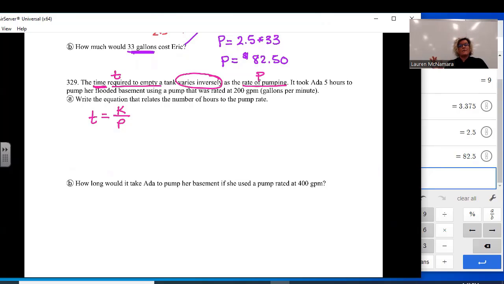It took Ada 5 hours to pump her flooded basement using a pump that was rated at 200 gallons per minute. That was the rate. So now in that second equation, they're giving me values to find my K. So 5 hours, that's her time, equals K divided by the rate of the pumping, which was 200 gallons per minute.